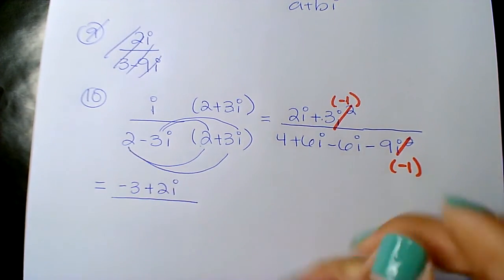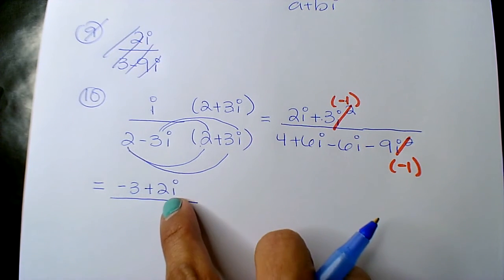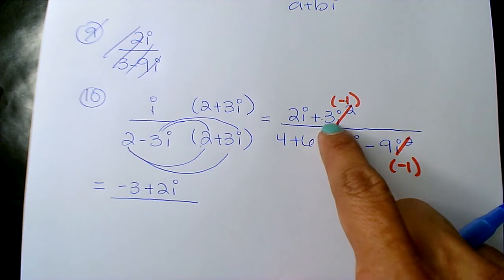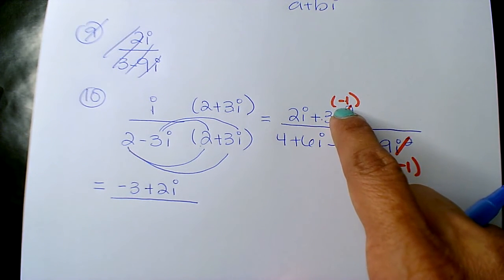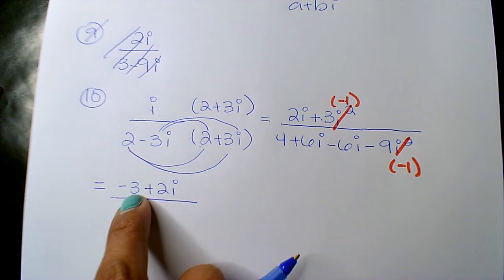So I also kind of switch the order because 2i is imaginary. That should always go in the back or secondary. Positive 3 times negative 1 because the i squared was substituted with the negative 1. So they're equivalent. That product is negative 3. That's a real number. So it goes first.